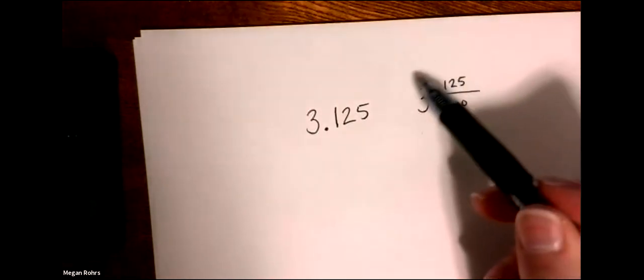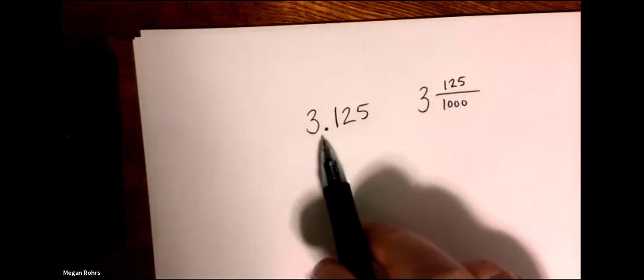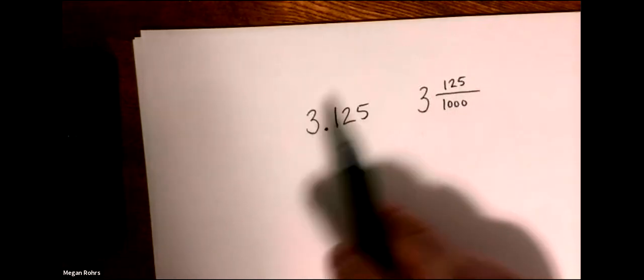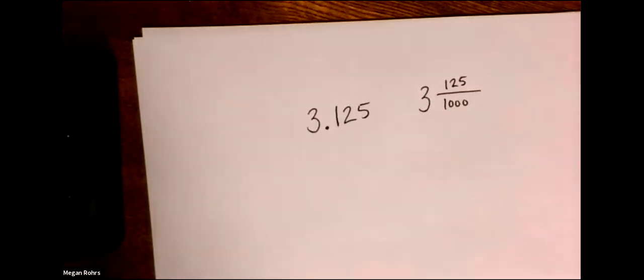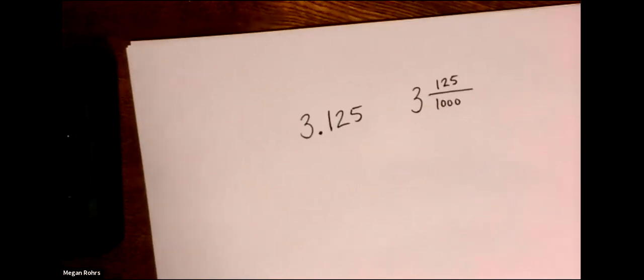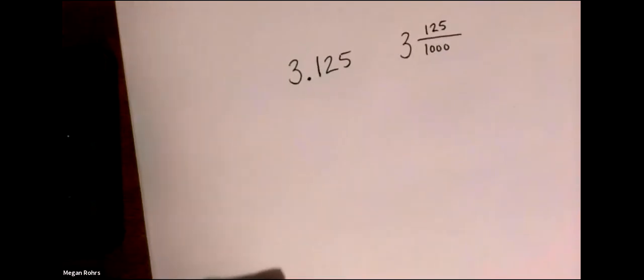Now, in this case, obviously we can reduce further. So we can still do that, but like I said, just a quick way to go from a decimal into a fraction here.